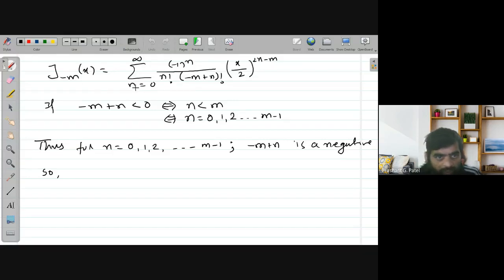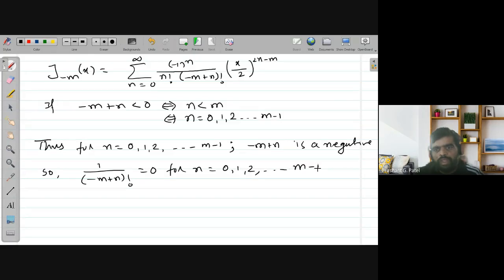So 1 upon (minus m plus n) factorial will be 0 for n equal to 0, 1, 2 up to m minus 1.